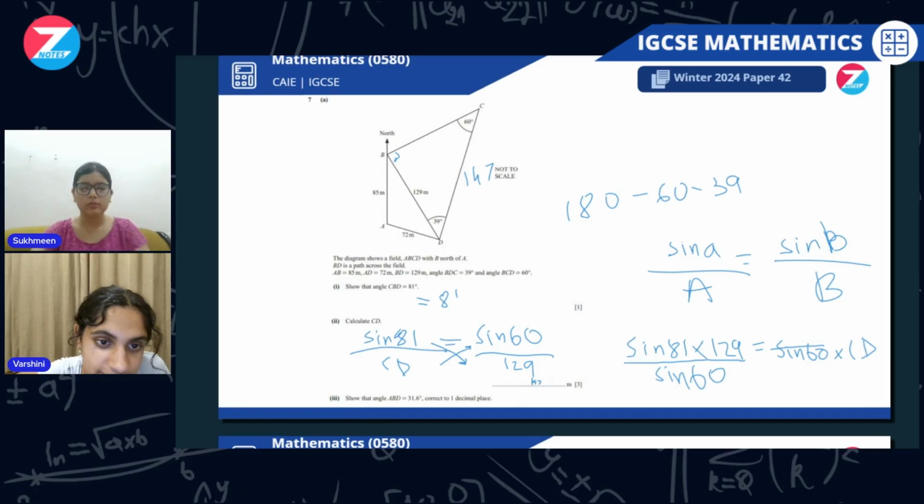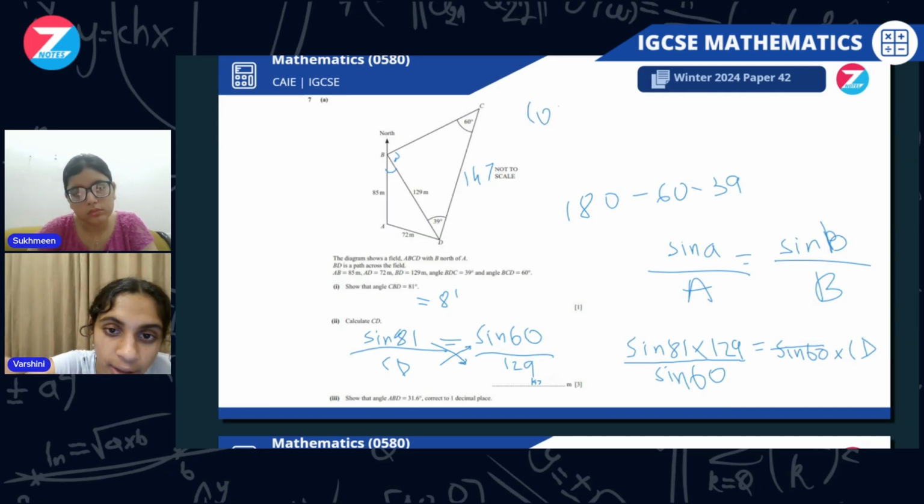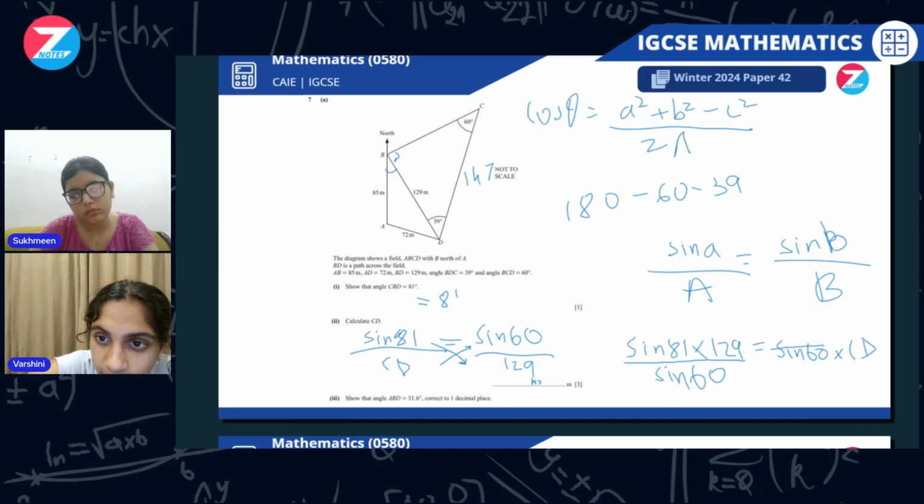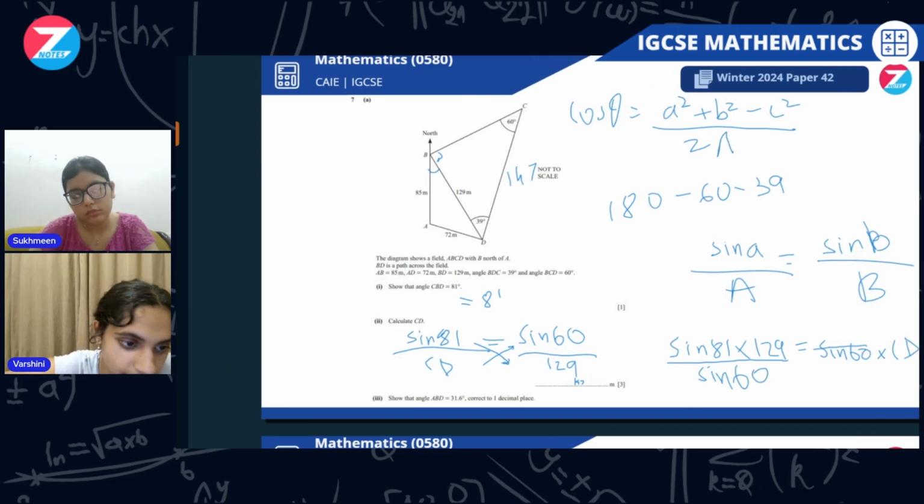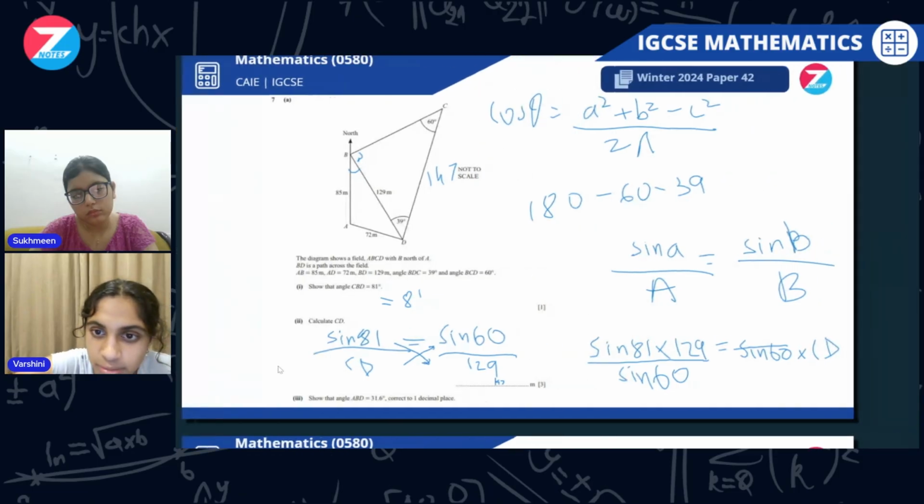So we want this angle. Okay, and for this, we just need to use the cos rule. So we know that cos theta equals a squared plus b squared minus c squared divided by 2ab.